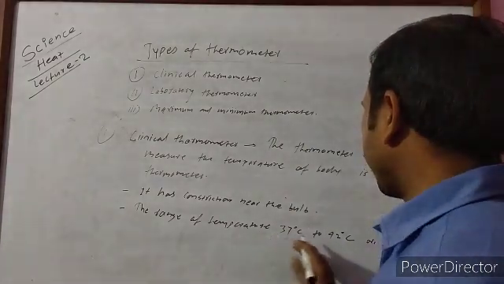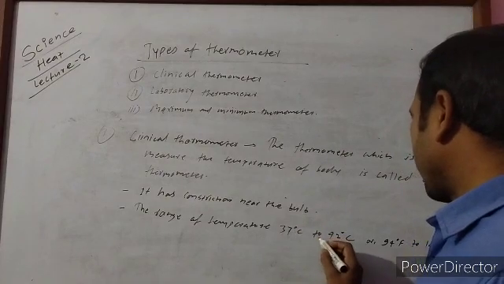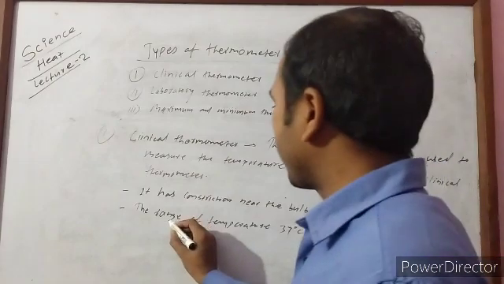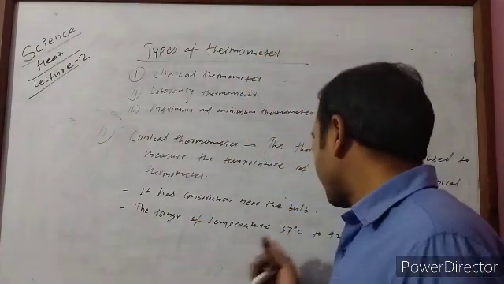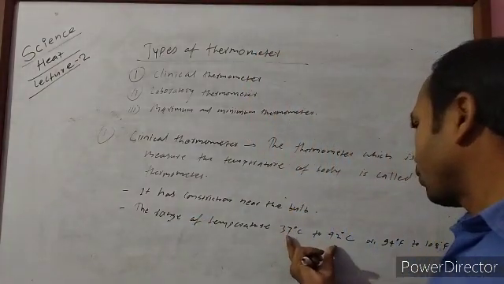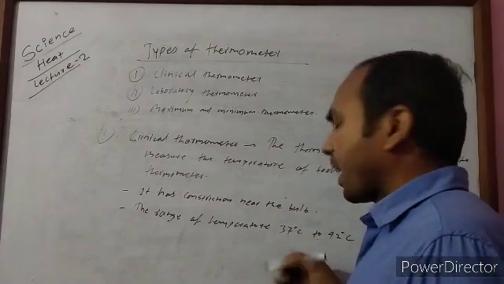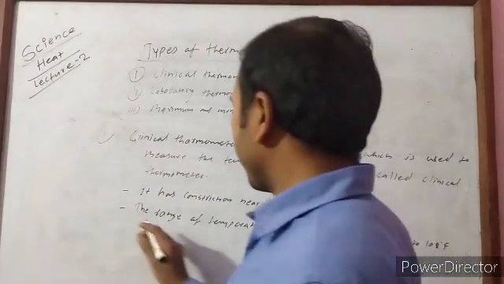It means temperatures between these lower and upper limits can be measured. Okay.